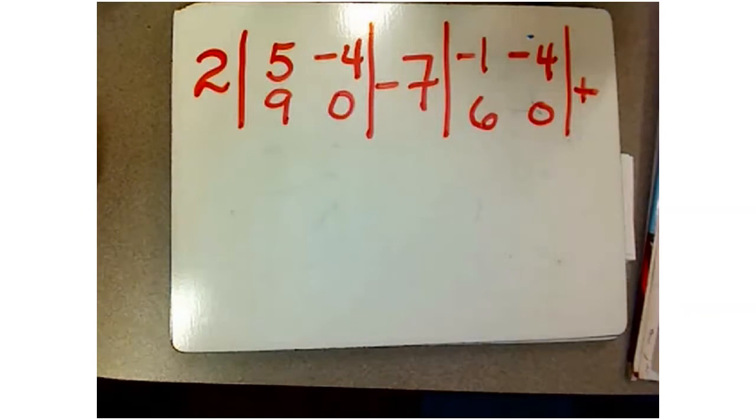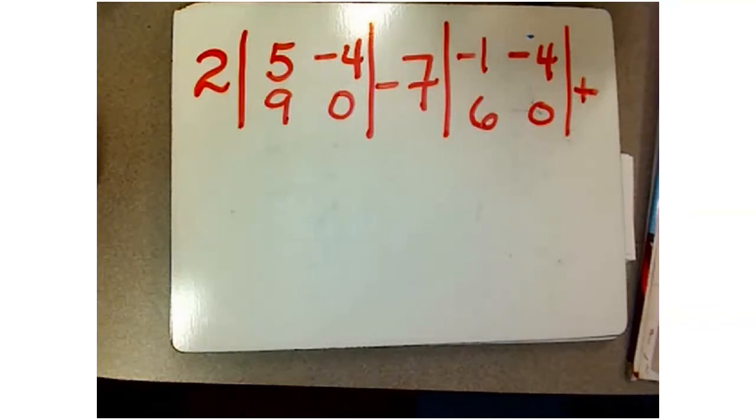I thought you meant write the matrix like 5, -4, 9, 0, -7 open, -1, -4, 6, 0. Look in your book. There's an example down below. It shows determinant of the 3 by 3 equals 2, open, 5, -4, close, down one row, 9, 0, open, 9, 0, close.